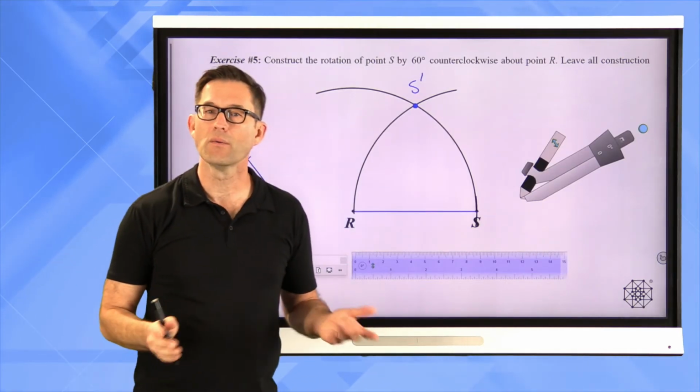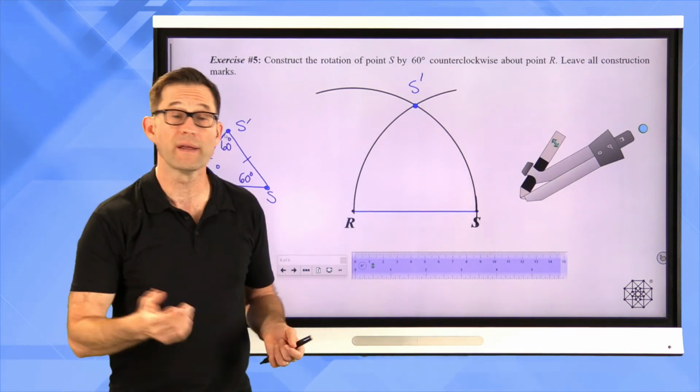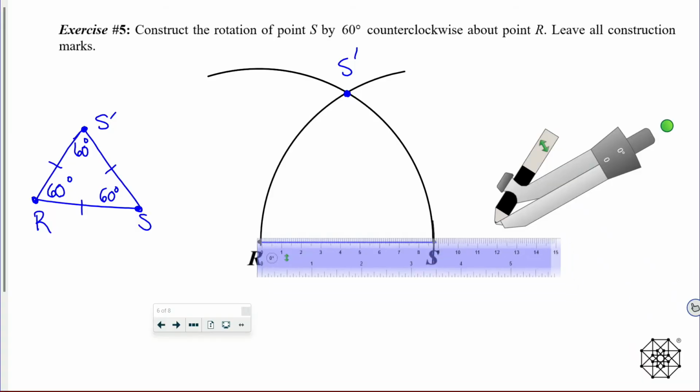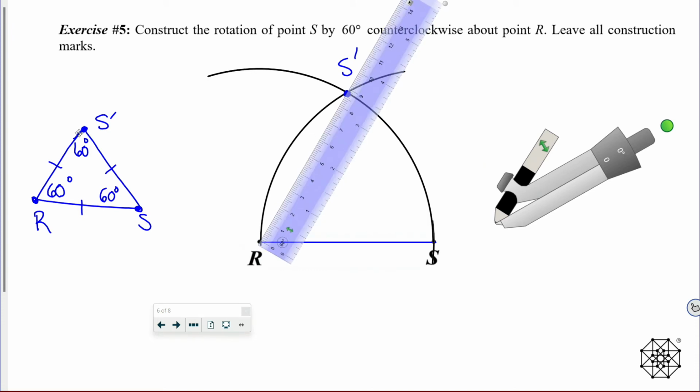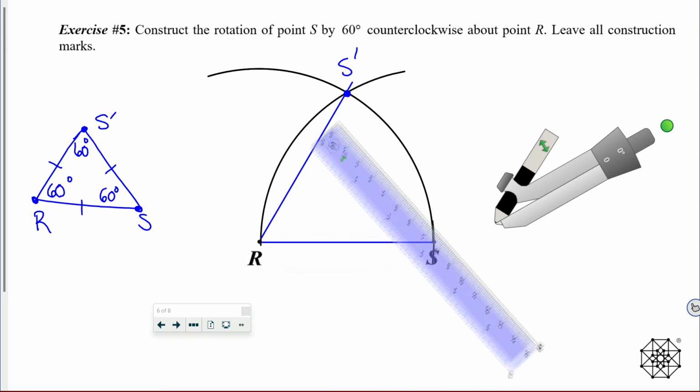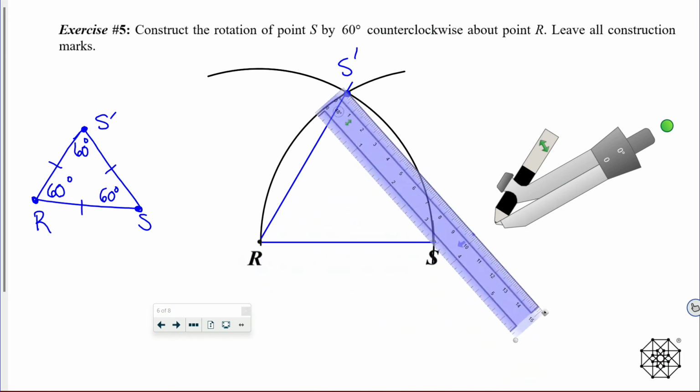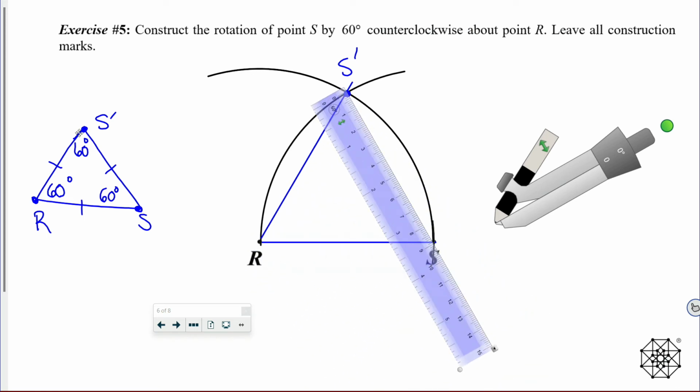Now you might say, well, I don't see an equilateral triangle there. Well, that's okay. If you want to throw that in, I'd encourage you to. There's nothing wrong with it. Remember, extra lines are never wrong in construction. So if I really want to see my equilateral triangle, I can put it in just like that.